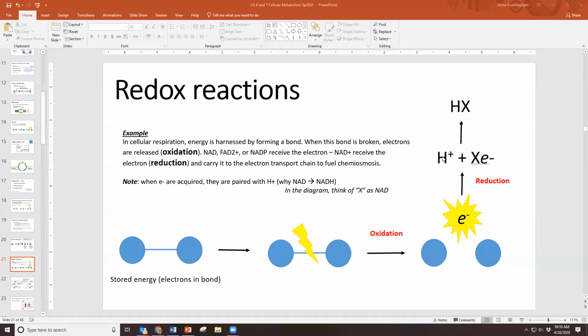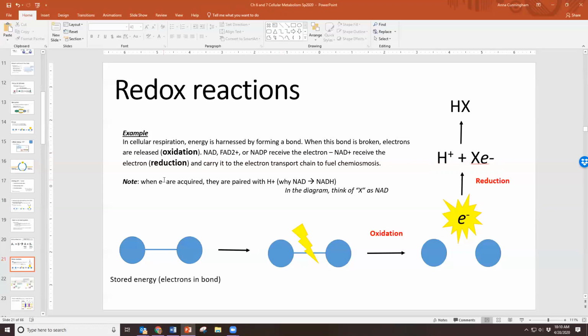So hydrogen ions are perfect for this because hydrogen ions are basically just protons. And remember, protons are our positively charged subatomic particles. So basically, if X is reduced and gains an electron, we can balance out that negative charge with a hydrogen. So typically what you'll see is when a molecule is reduced, you'll see that indicated by the gain of a hydrogen.